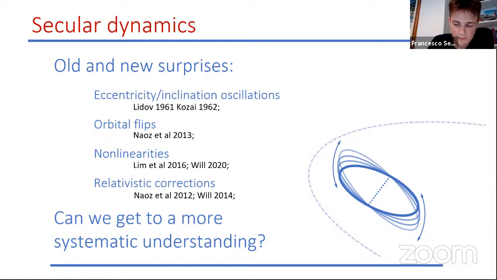of these dynamics. So what is interesting is to consider whether effective field theory could help in gaining a more systematic understanding of these secular dynamics. And this is what I've done with my collaborators.